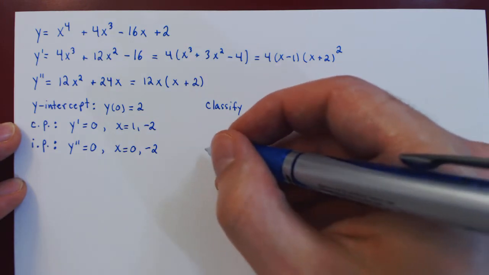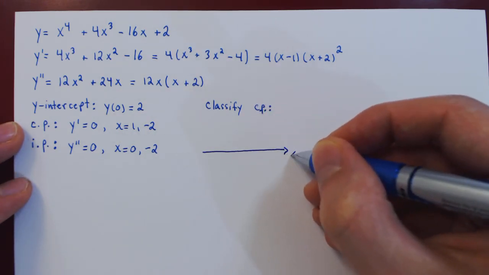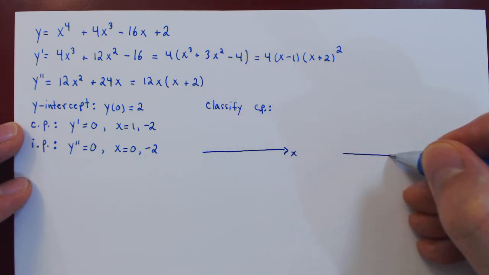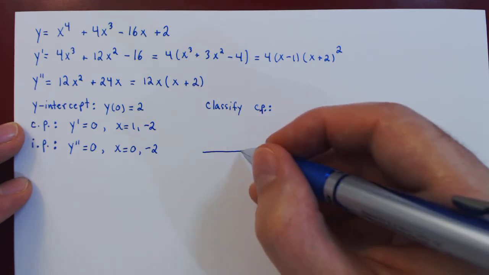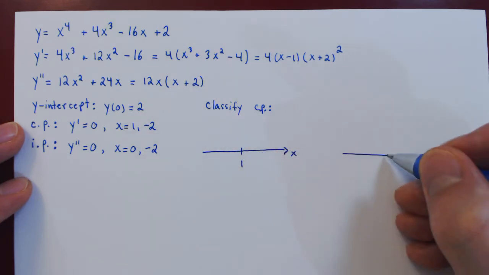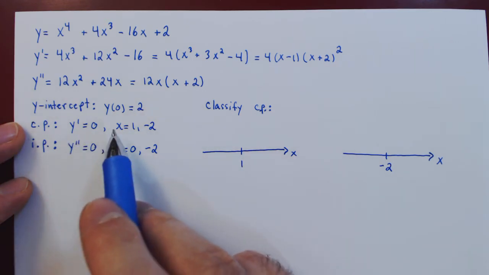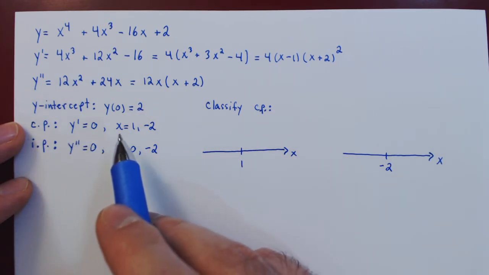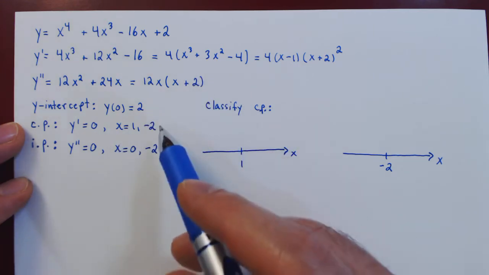So let's include two distinct x-axes, one for each critical point. So 1 and -2. And as always, we will need to evaluate the second derivative at each critical point to figure out if the curve is concave up or concave down.